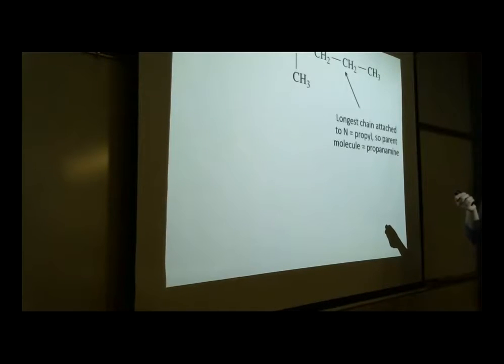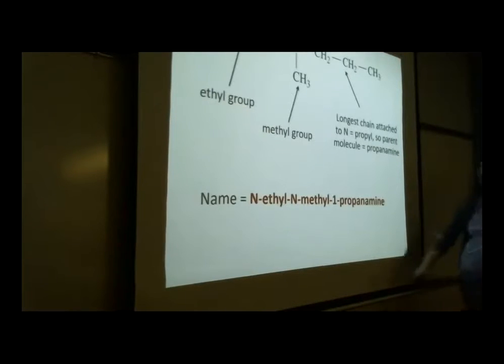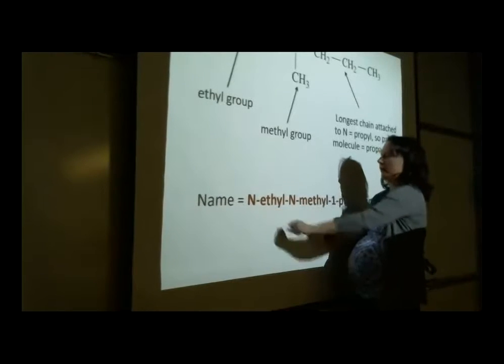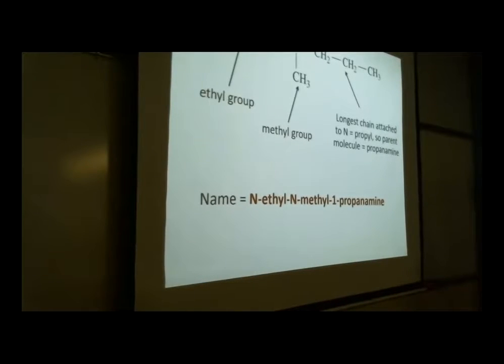But this isn't a regular old NH2. This N has a substituent here and a substituent here, right? It's got an ethyl group and a methyl group attached to the nitrogen. So how's that going to get incorporated into the name? Well, we'll need to say N-ethyl, N-methyl, 1-propanamine. Put them in alphabetical order. E before M. In terms of primary, secondary, or tertiary, what kind of nitrogen, and what kind of amine is that?